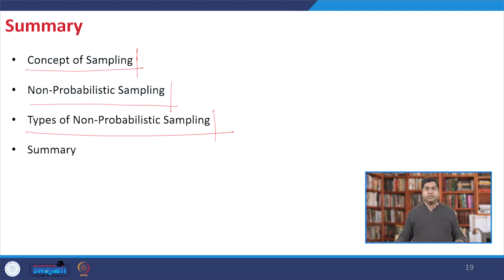We summarize it here. And because we discussed so many things on the biasness of non-probabilistic sampling, that instigates us to know the advantage of probabilistic sampling. And there are also issues. It's not that probabilistic sampling will have all good points and no challenges.